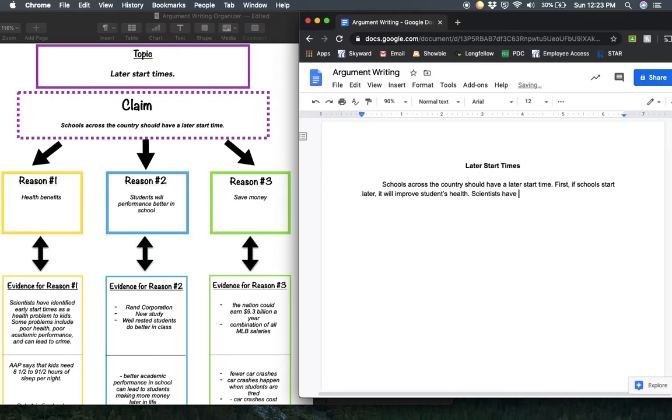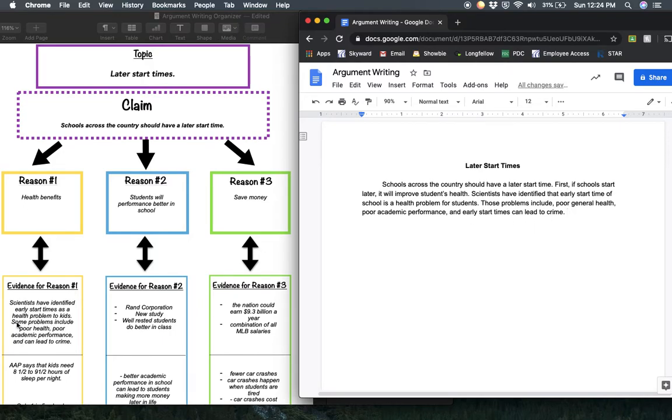Scientists have identified that early start times of school is a health problem for students. Those problems include poor general health, poor academic performance, and early start times can lead to crime.